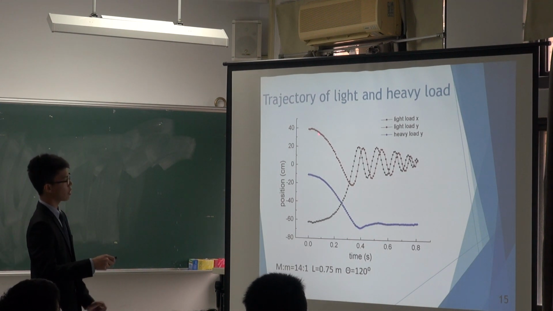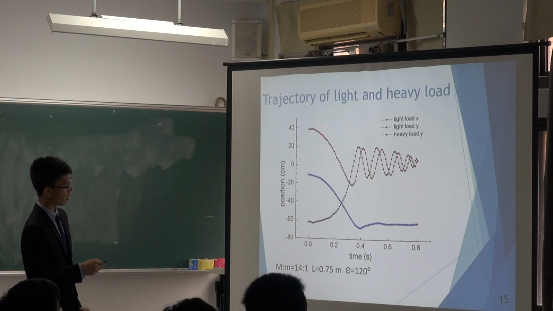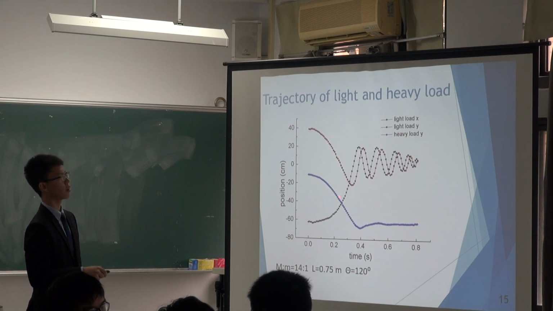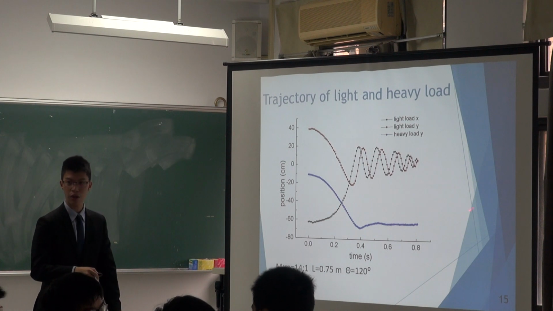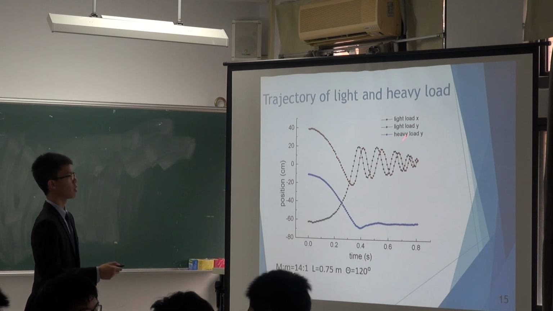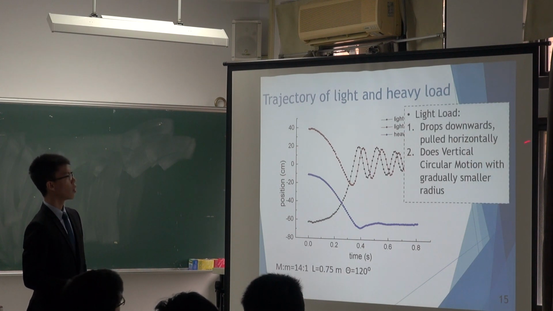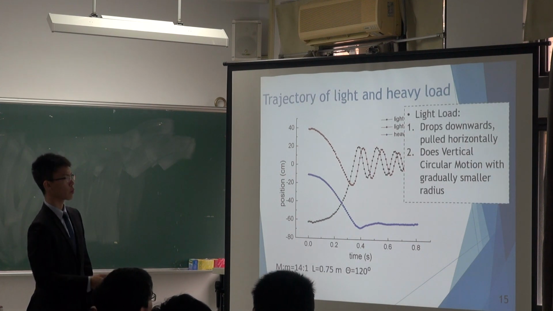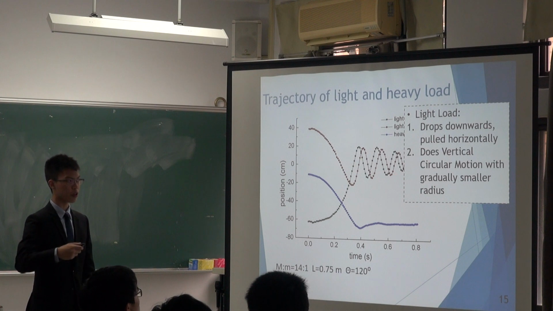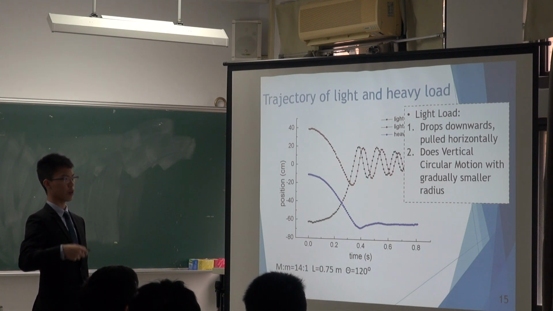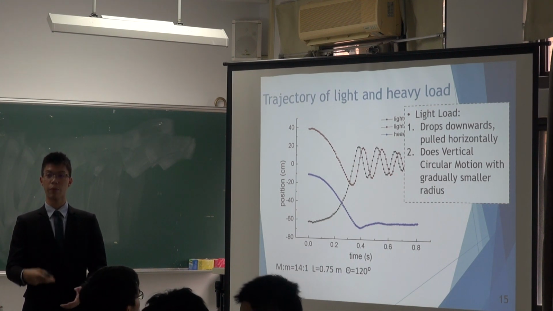As time goes by, you can observe that the radius of the rotation of the light load is getting smaller according to this graph, which includes the x-axis and the y-axis. When it first jumps downward, it is pulled horizontally and does vertical circular motion, which we call VCM, with a gradually smaller radius after the stopping point.